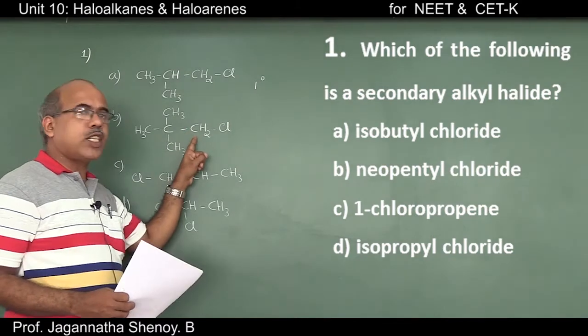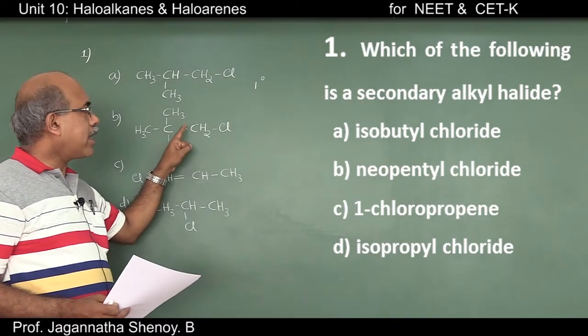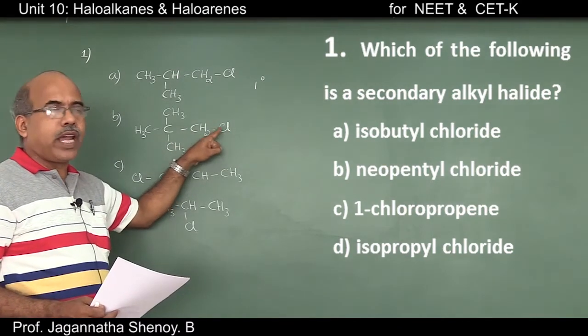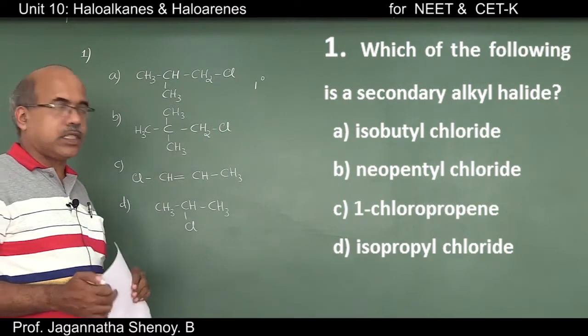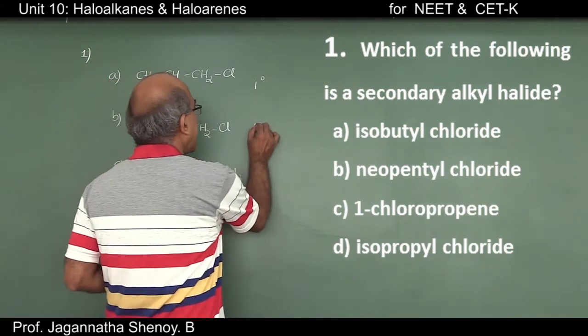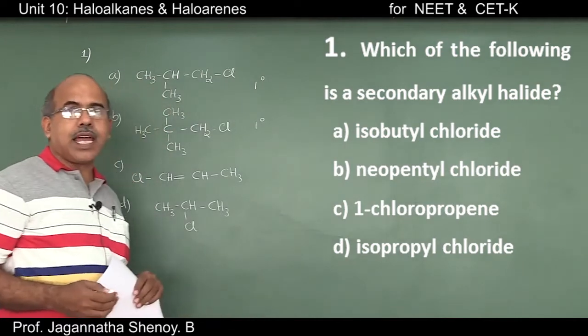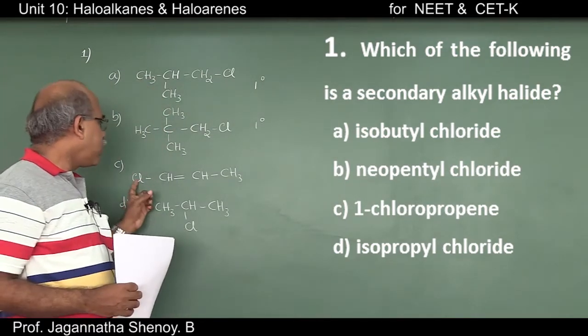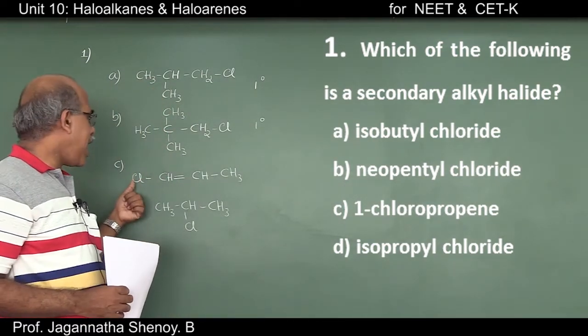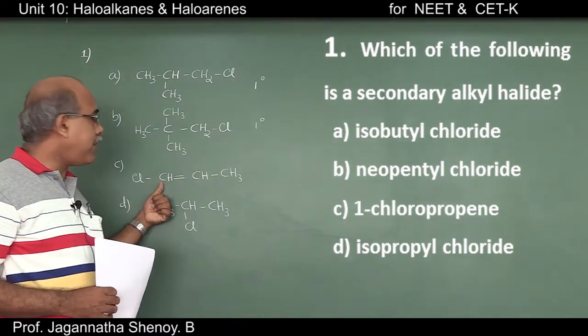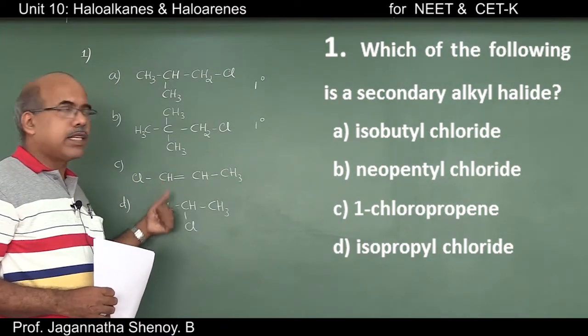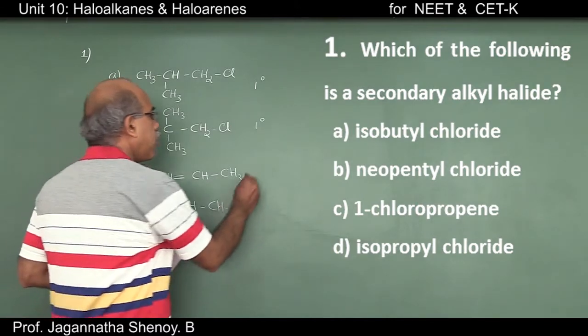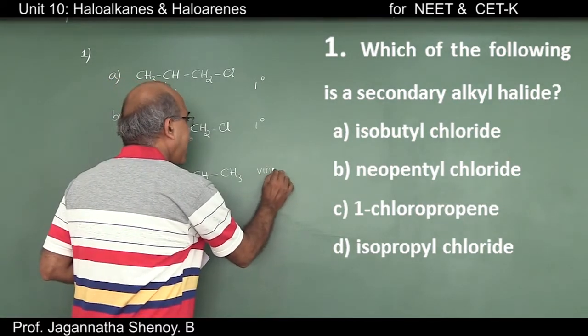Same way, you go to the second example. Here again, the carbon atom carrying the chlorine atom has 2 hydrogens. Again, this falls under primary alkyl halide. I'll go to the third one. I said the halogen atom is present on vinylic carbon. So this is in the form of vinylic halide.